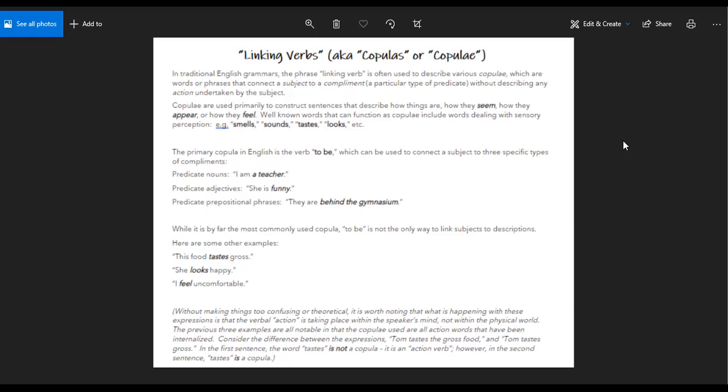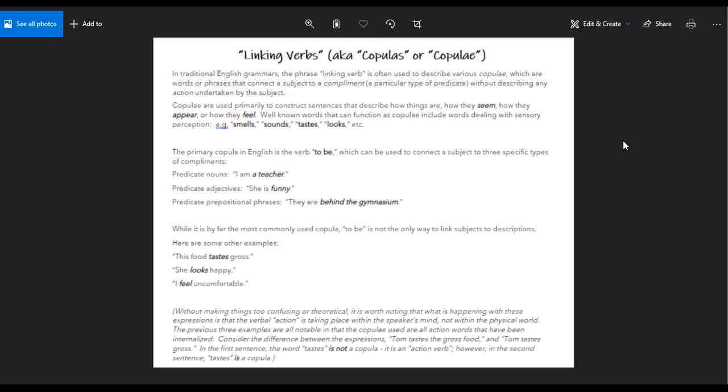Tom smelled the flowers. The verb to smell is being used as an action verb there, to describe what Tom is doing. He is using his senses to smell the scent of the flowers. However, if we say Tom smells like flowers, we have turned that verb smell into a linking verb to describe some quality of Tom.